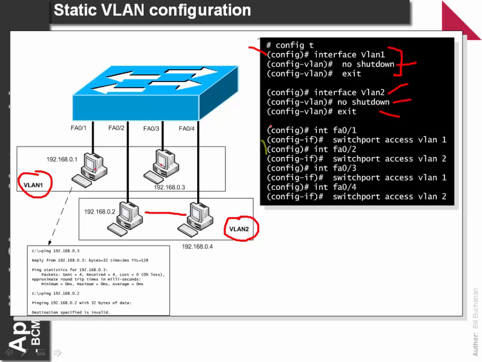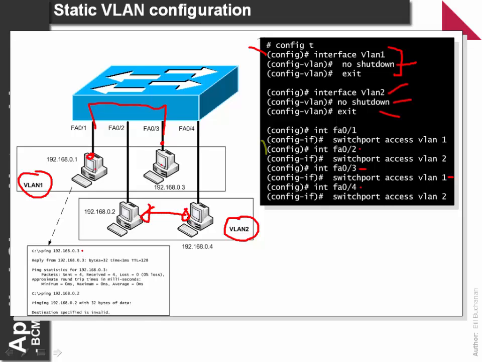Now we can assign each of the ports to the VLAN. So switchport access vlan 1 will assign this port to VLAN 1. For the third port, we assign that to VLAN 1. So now these two machines are in the same VLAN and can communicate directly. These two interfaces are then connected to VLAN 2, so these two can now communicate.